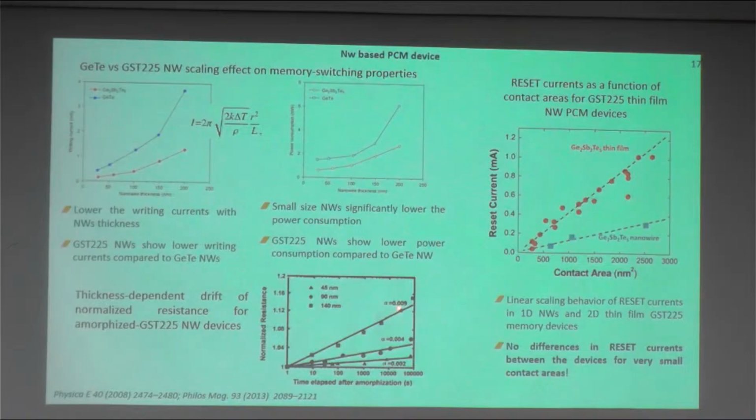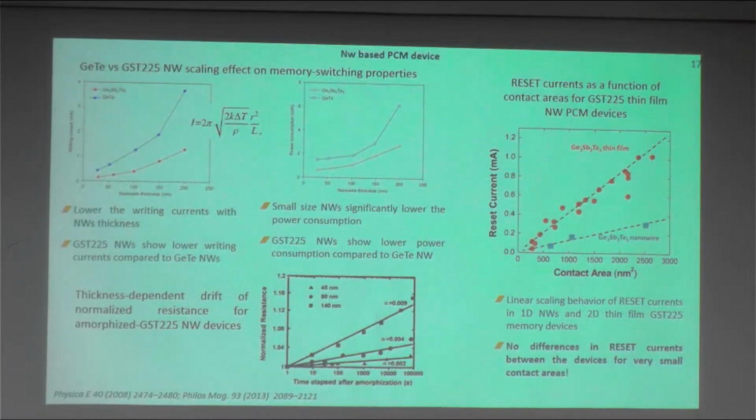So here we have the value of 0.009, here 0.002. So we see also the scaling of resistance drift with the material size reduction.